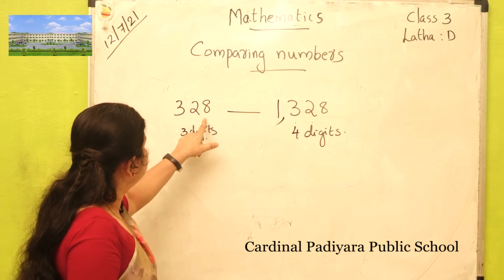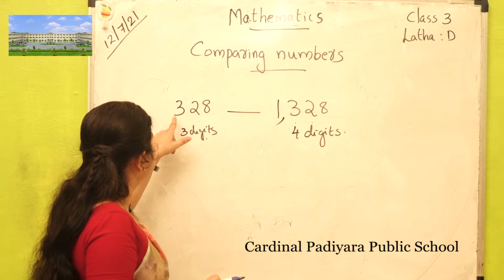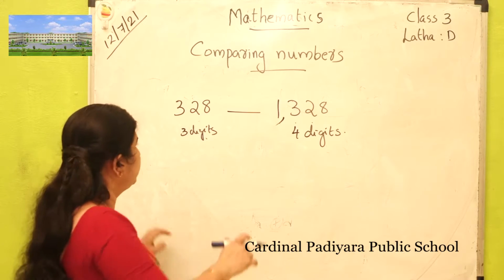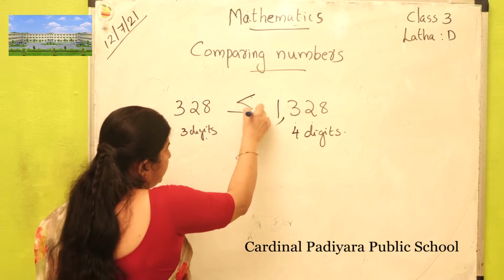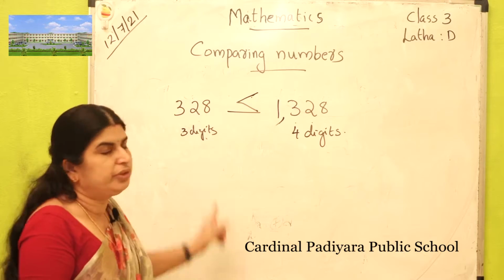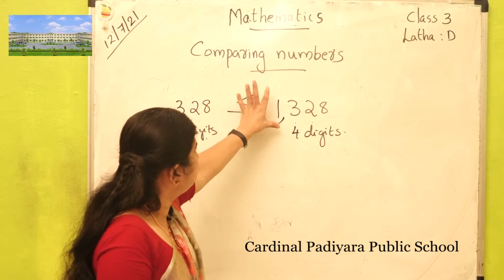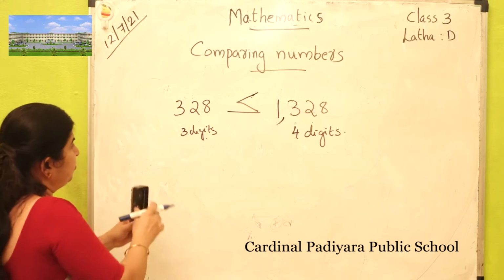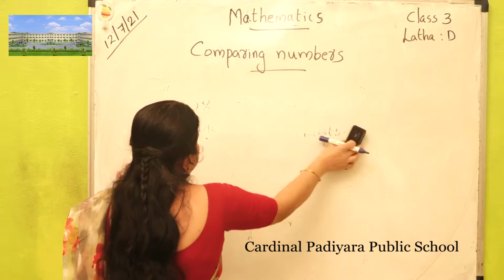Here 3 digits, that is 328, is the smaller number. The sharp point is towards the smaller number and the wide point is towards the greater number. Next example.